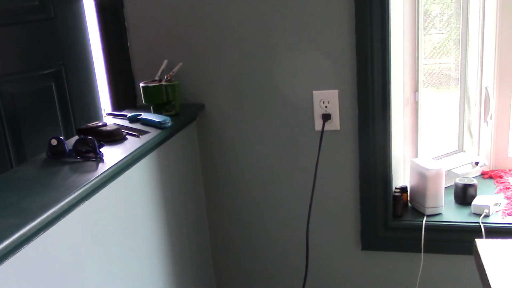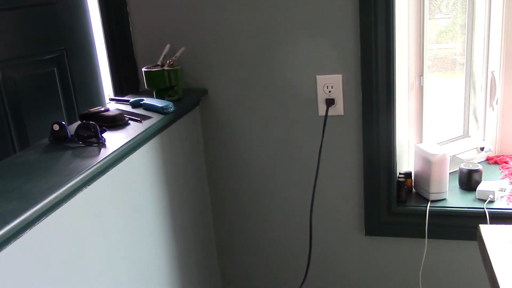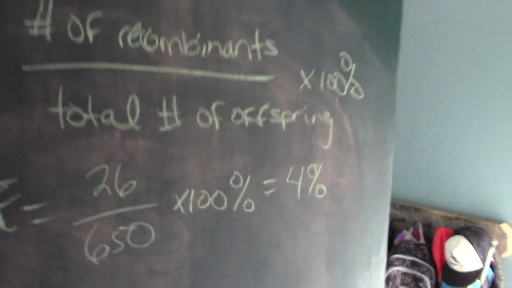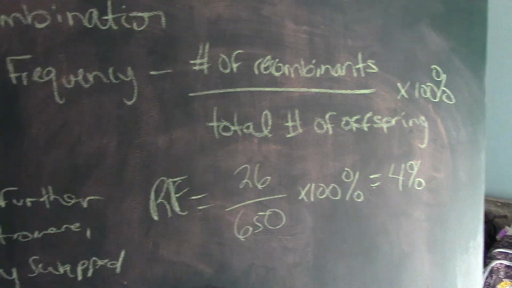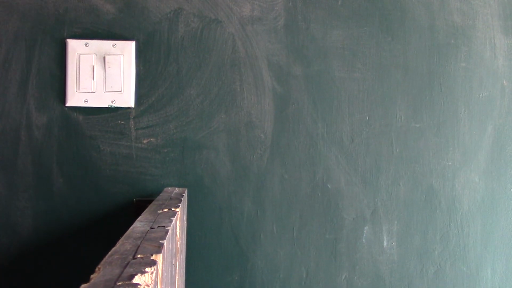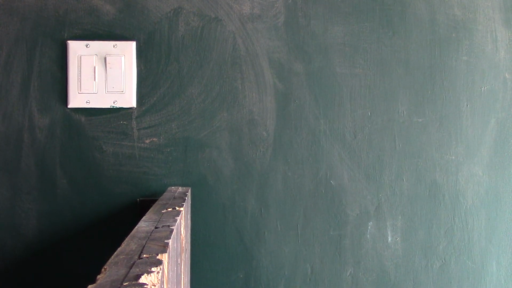Recombination frequency is going to be 26 divided by 650 times 100%. So your recombination frequency is 4%. All right. So that's the first way you're going to see this type of gene combination. The more common type, though, is going to be a gene map.